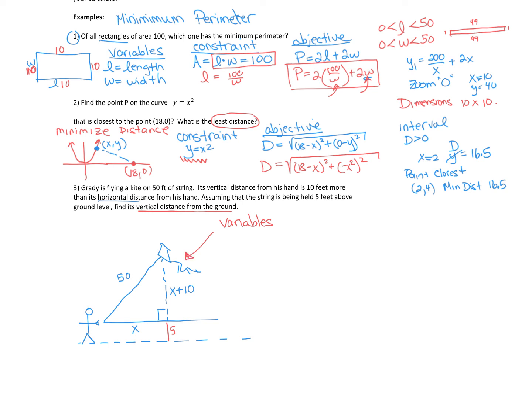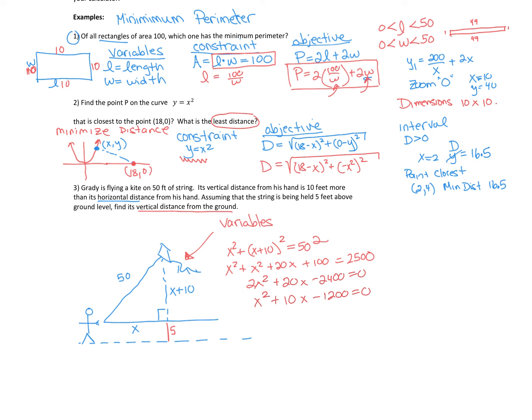We also know that using the Pythagorean theorem, x squared plus (x plus 10) squared is 50 squared. So if I simplify, we get 2x squared plus 20x minus 2400 equals 0. I'm going to divide by 2 just to make things easier.